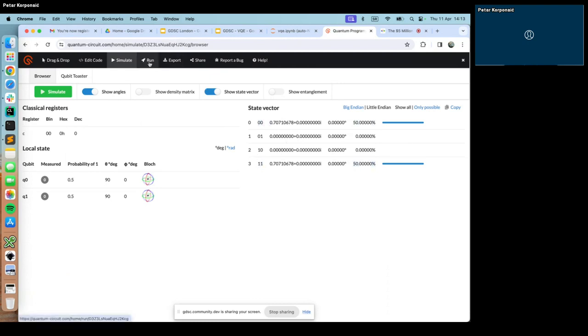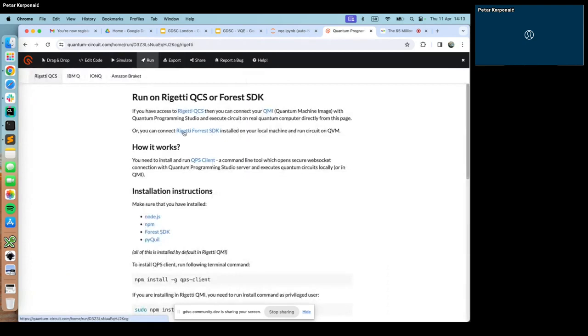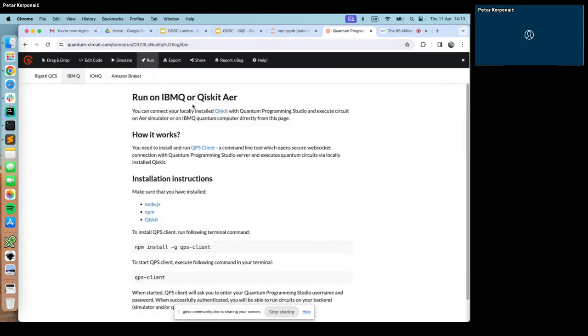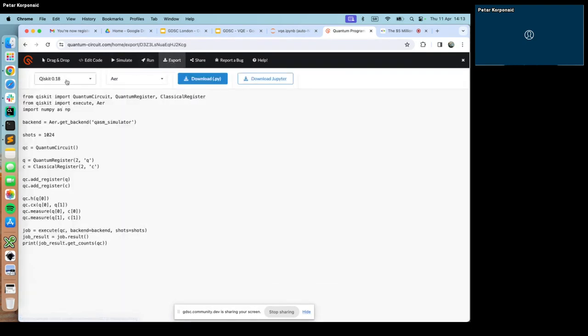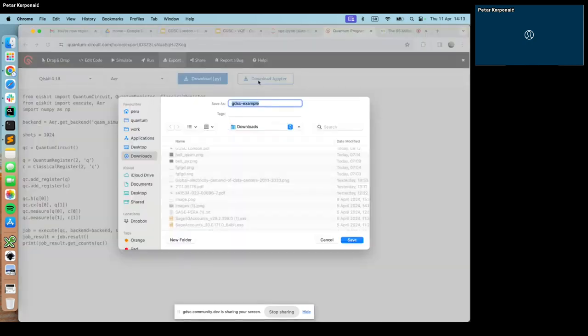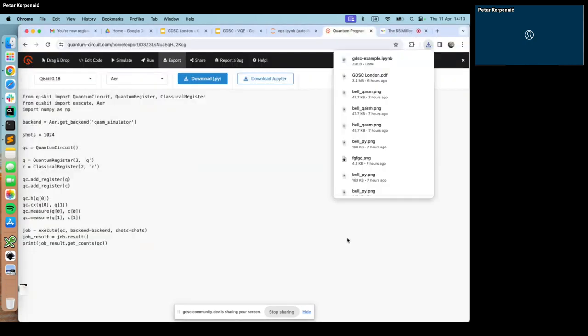And you can run that on a real quantum computer and export to many different quantum programming frameworks, including Qiskit, Google Cirq, Microsoft Q#, and so on. Let's export it to Qiskit. I will open it in Jupyter Notebook.